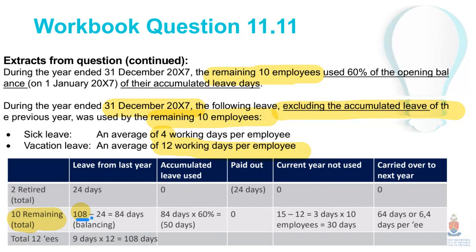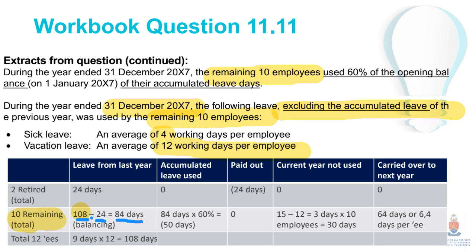We have to minus the 24 of the people that left. So the 10 employees that remained had how many days in total? 84 days. They had 84 days in total. Everyone got that? If you don't have it, please pop something in the chat now.